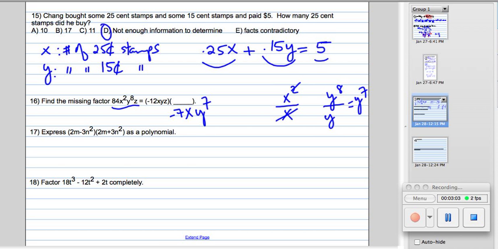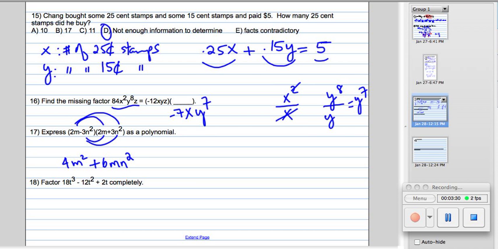Number 17, it says express this as a polynomial. They're just asking us to multiply, which is FOIL in this case. So we multiply 2m by 2m, that's 4m squared, and 2m by 3n squared, 2 times 3 is 6, and then mn squared.